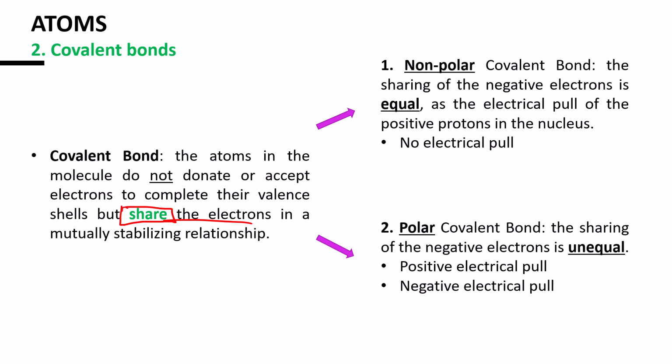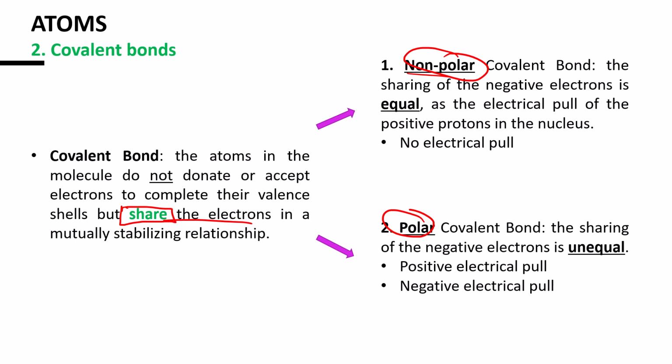Now, when you share the electrons, these covalent bonds can be divided into two types: non-polar and polar. Polar means that one side of the compound might have a positive or a negative charge, and a nonpolar, right, will not have a pull of electricity.